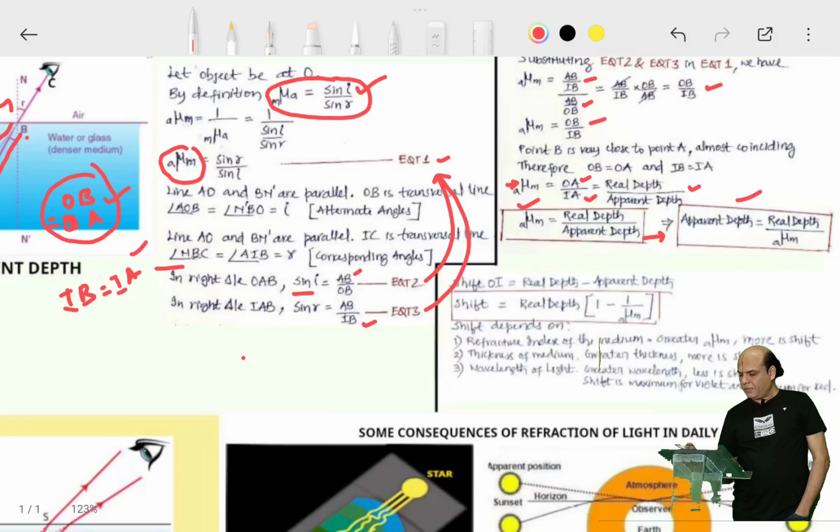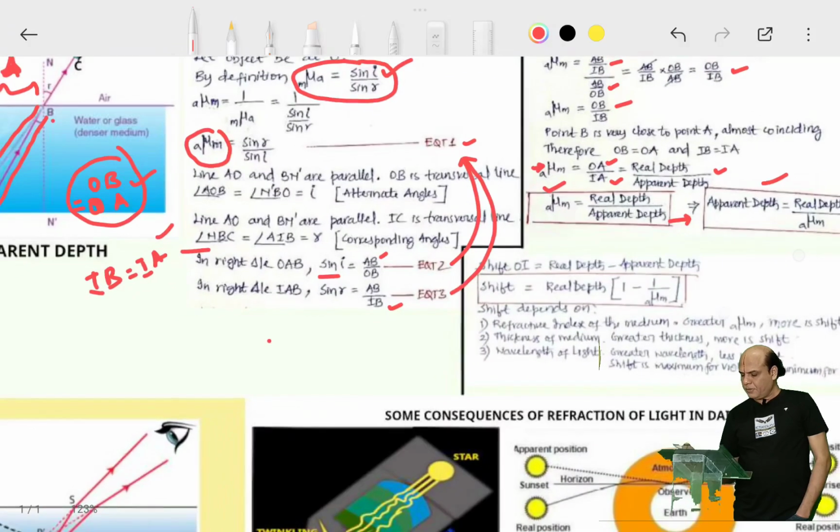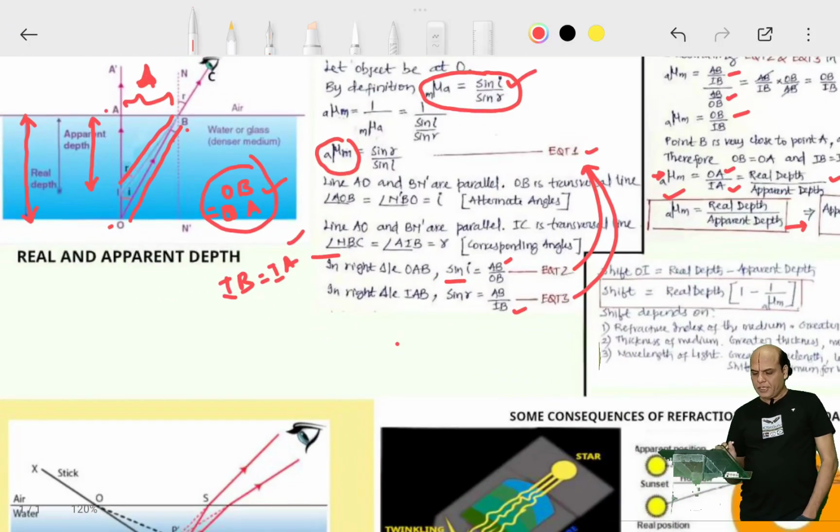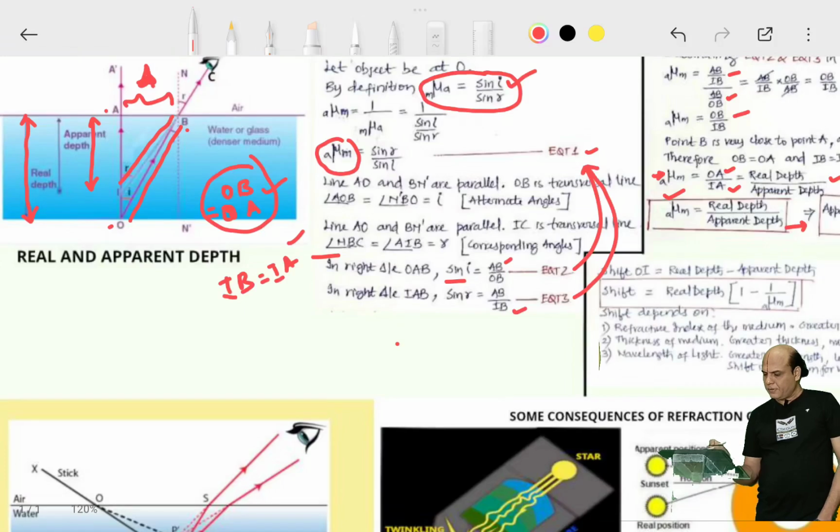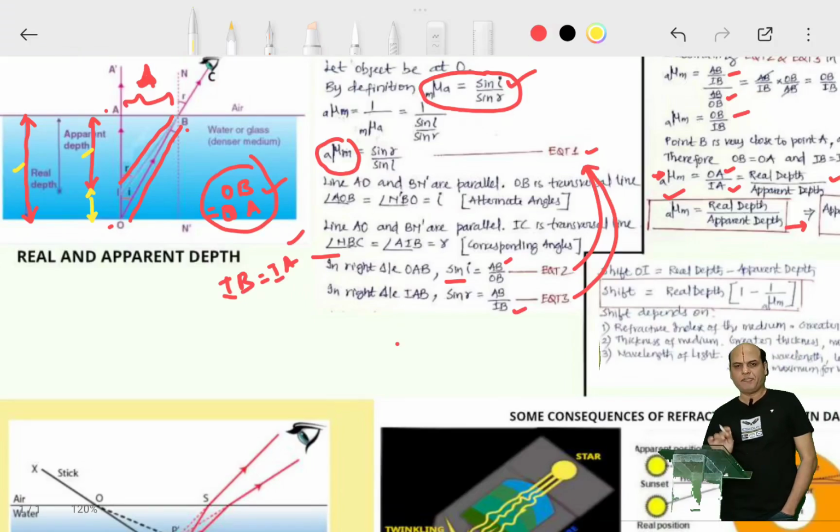Now, if you see the diagram, this was the real depth and this was the apparent depth. So the shift in depth is this one. OI is the shift in depth.